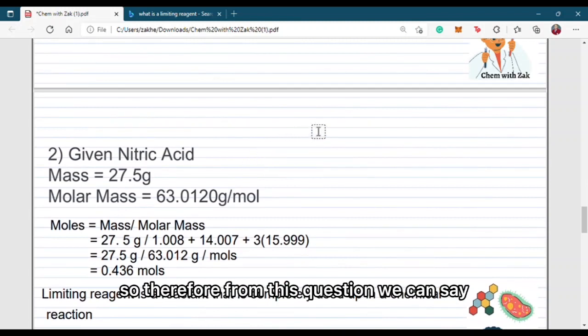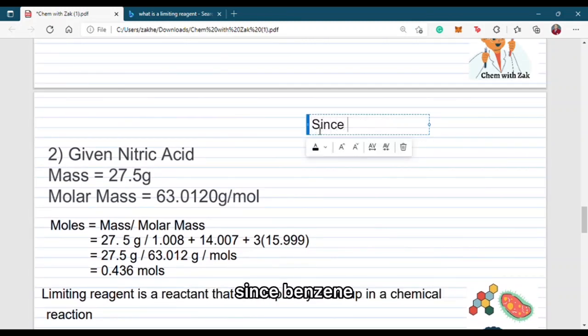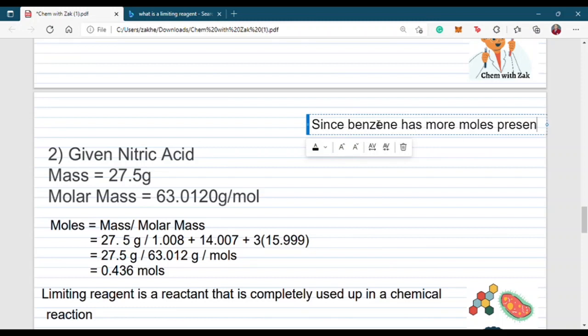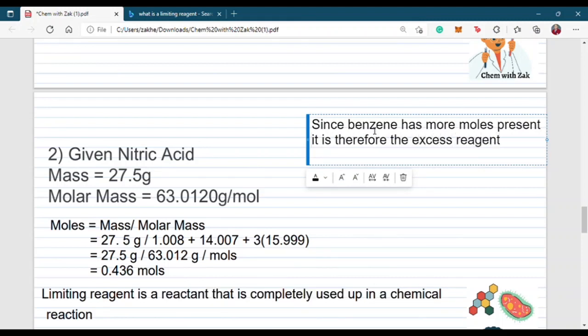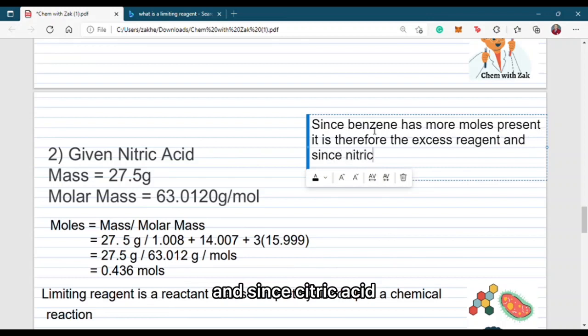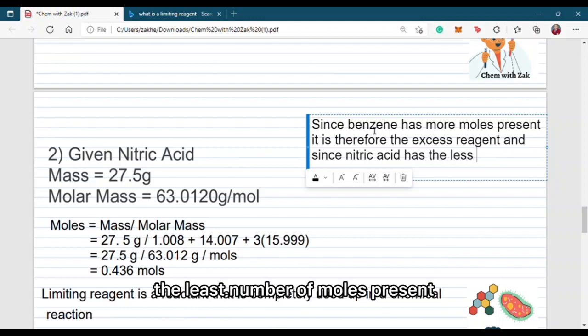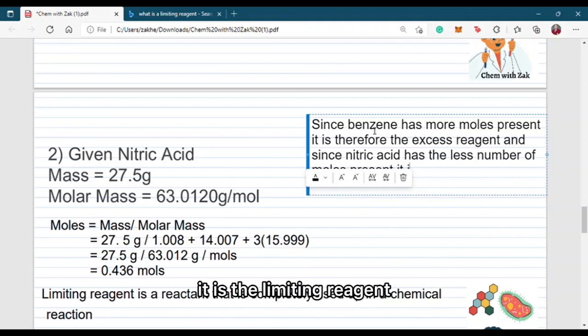Therefore, since benzene has more moles present, it is the excess reagent, and since nitric acid has the least number of moles present, it is the limiting reagent.